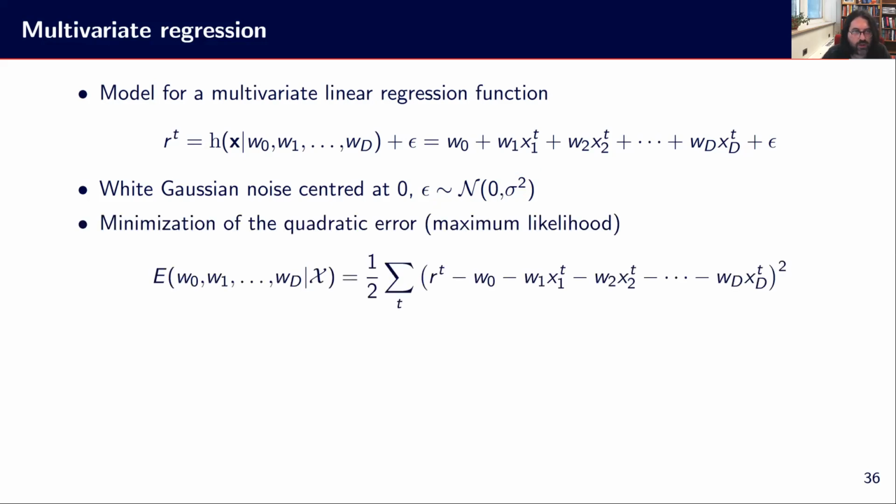And now what we are looking for is to minimize the quadratic error. So it's basically equivalent to the maximum likelihood as we saw last week. So minimizing the quadratic error is like finding the maximum likelihood estimation of that. And we are looking to get the error of the parameters w0 up to wd given the dataset we have at n.